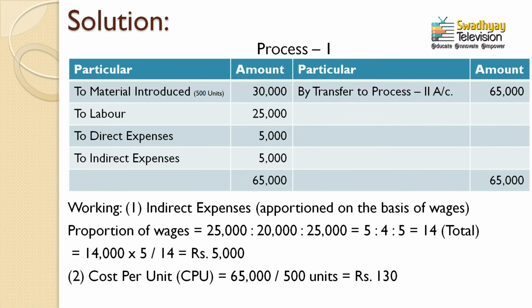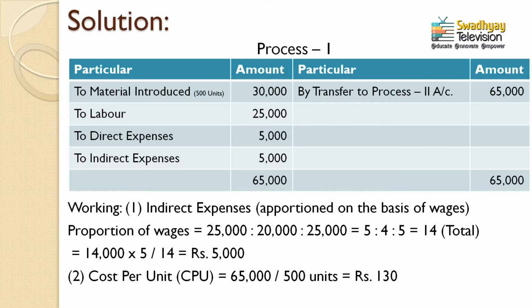Now see here, according to this process 1, the first item is: to material introduced. It means that at the beginning of the process account, material of 30,000 rupees was introduced in process 1, and it is very clearly mentioned in the question that we are starting a process of manufacturing 500 units.